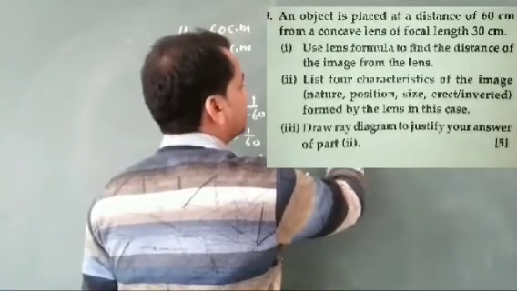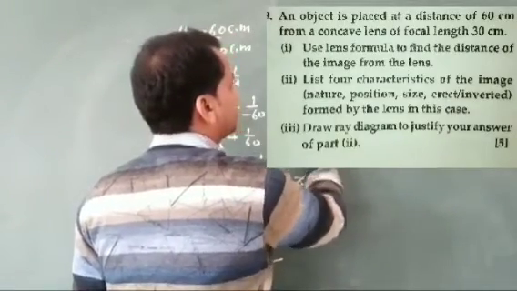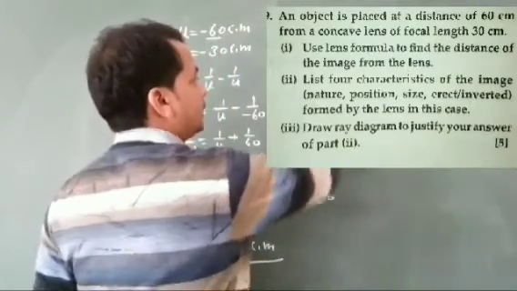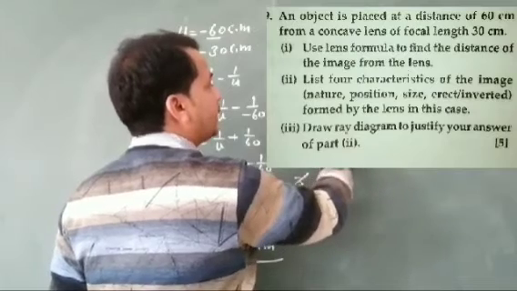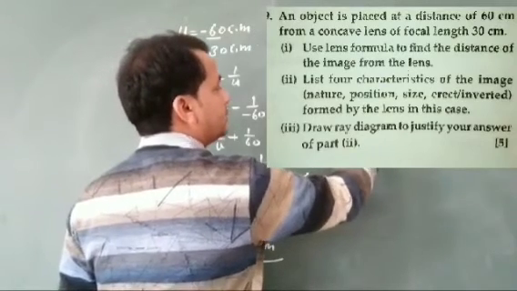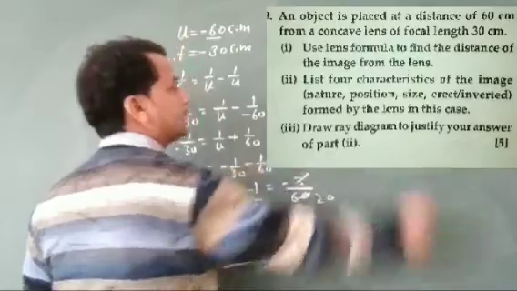So the magnification is 1 by 3, that is 0.33.